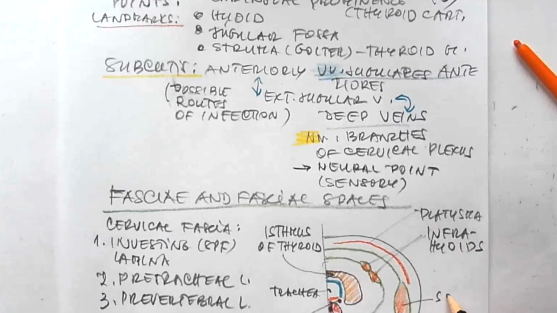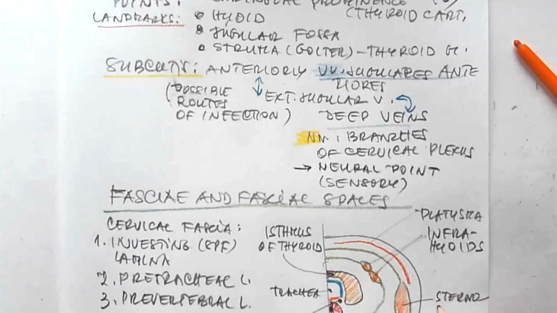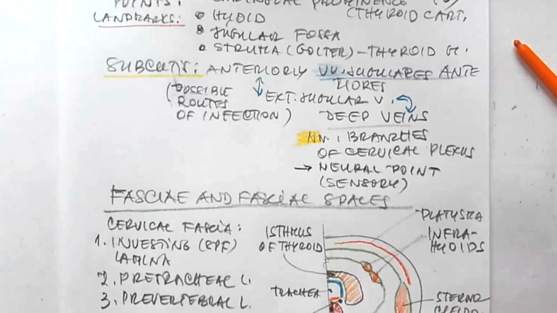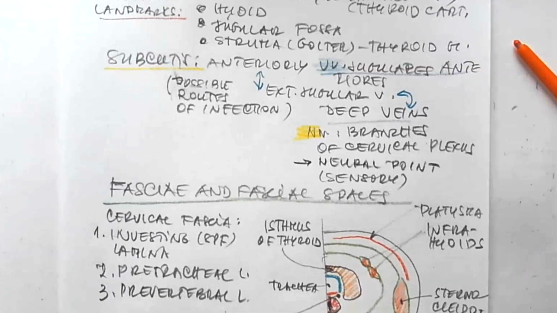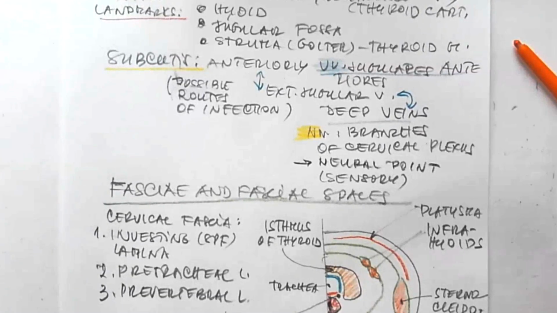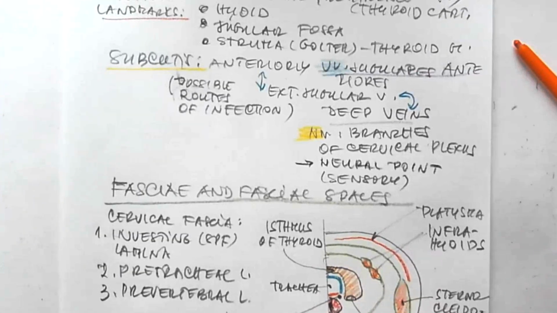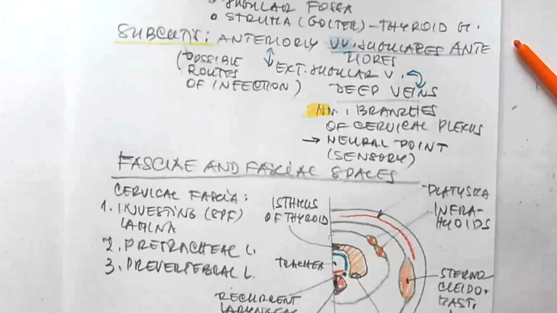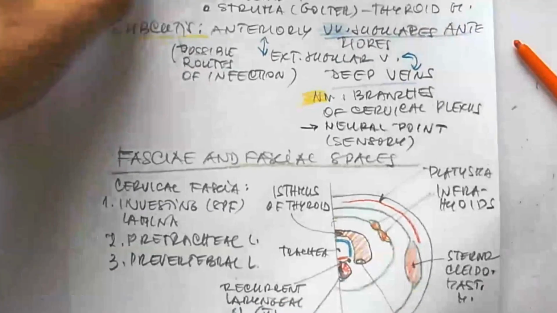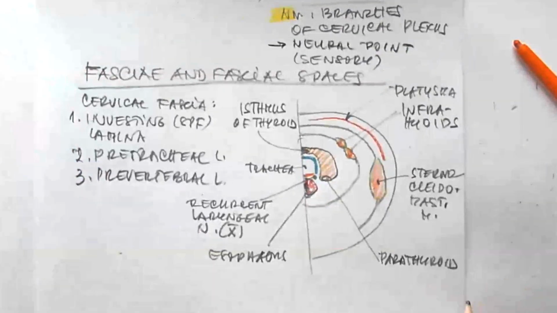Then sternocleidomastoid; the abbreviation is sufficient. Muscle, correct. Platysma, we said. Then this is the esophagus, quickly. And then here is the parathyroid gland. Why not? Sorry. We have now the whole view.